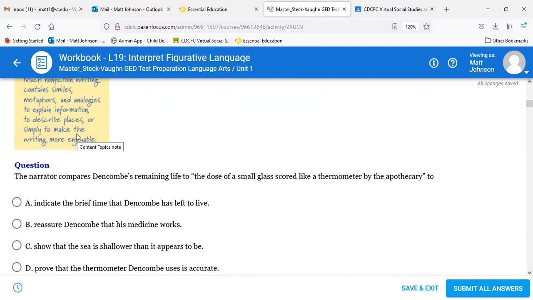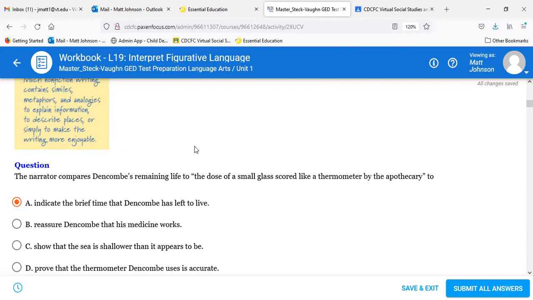Yeah, so this is kind of like stuff that just doesn't exist anymore, right? Which makes it hard for us to get the full effect if we don't really understand the figurative language because it's so old. So we talk about scored like a thermometer, right? If you think about an old school mercury thermometer, the scoring is going to be the little ticks that you see used for measuring the temperature.